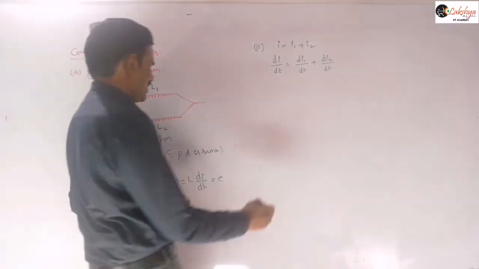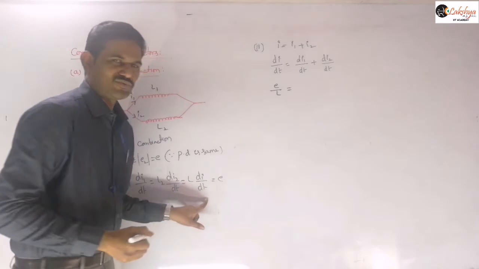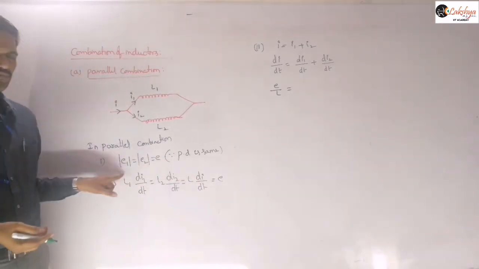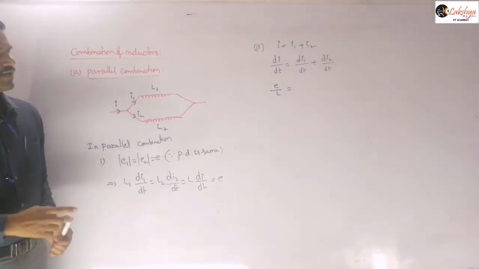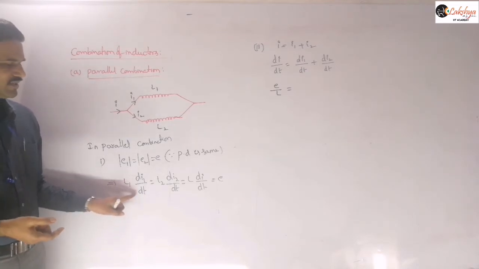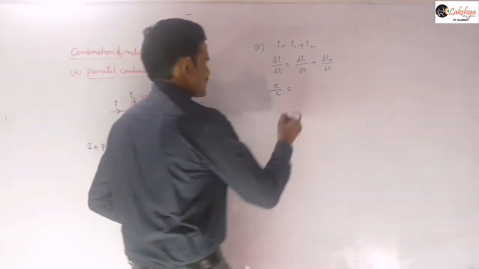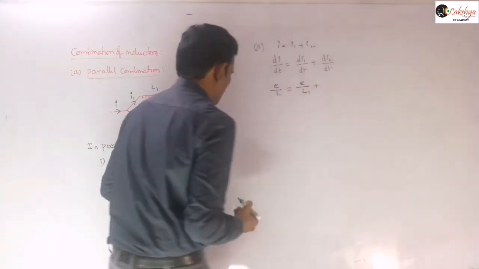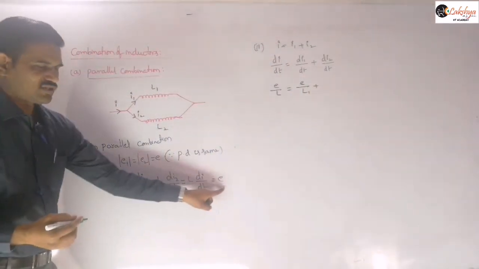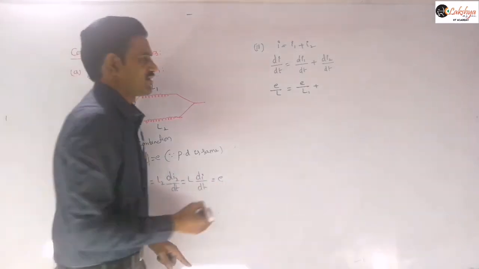And so di by dt means what I can write there is E by L, where E is nothing but some induced EMF. Then for di1 by dt, using these two terms, I can write E by L1, plus similarly di2 by dt is equal to E by L2 you can write.